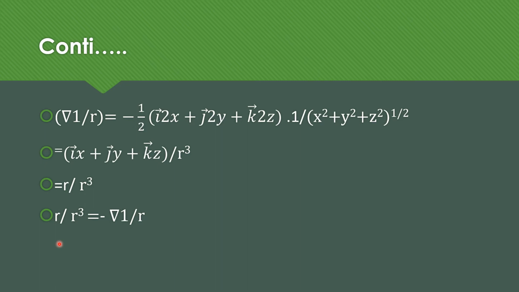So we can write r by r cube is equal to minus del of 1 by r. Okay, so we simply simplified what is del of 1 by r.